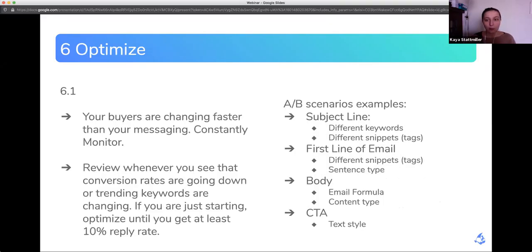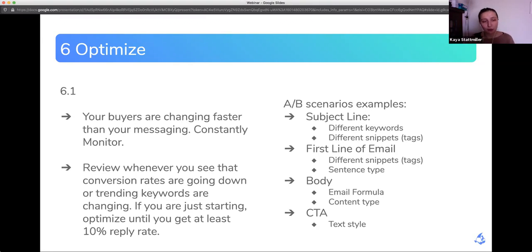So then optimize. Buyers are changing faster than your messaging. That's why you need to constantly monitor it. That's when extracting keywords comes into play, and you simply monitor the frequency. You need to review your messaging at least quarterly, and if not, it depends on how keywords are changing.